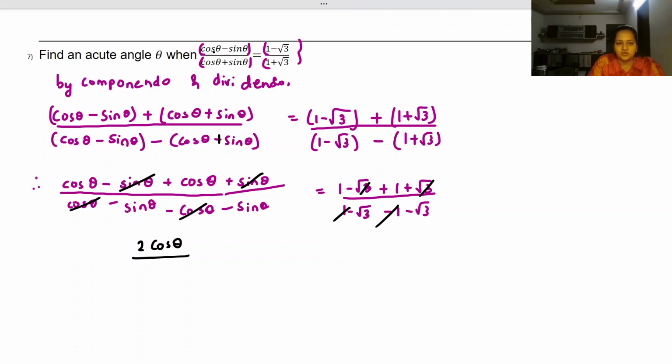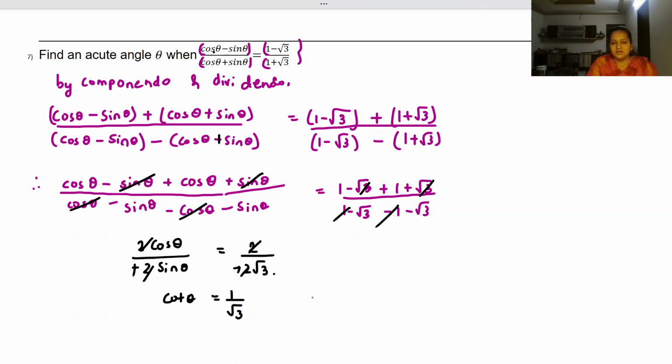Cos plus cos is 2 cos, minus sin is minus 2 sin theta. Likewise, 1 plus 1 is 2 and minus root 3 is minus 2 root 3. So we get 2 getting cancelled. Also the minus sign goes away. So we have cos upon sin, which is cot theta, is 1 by root 3.